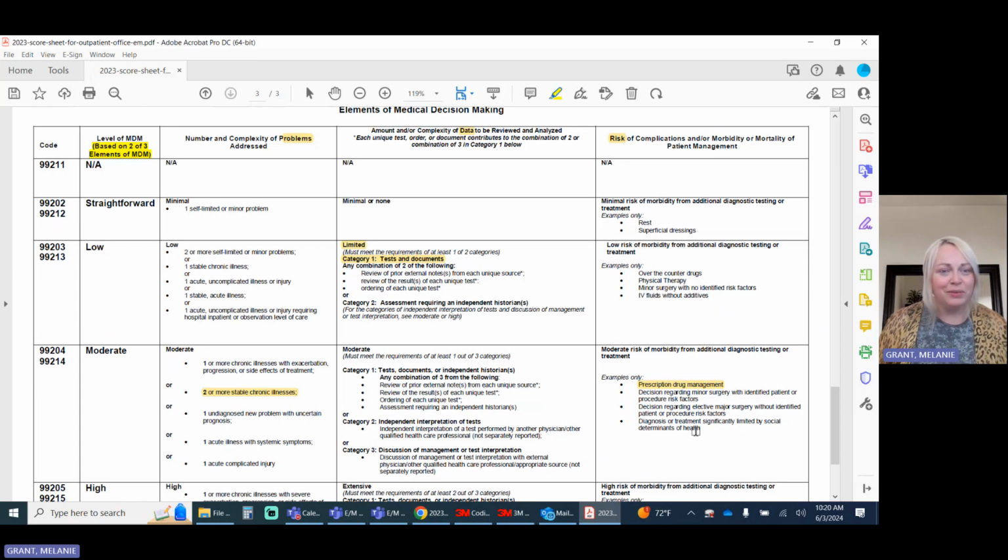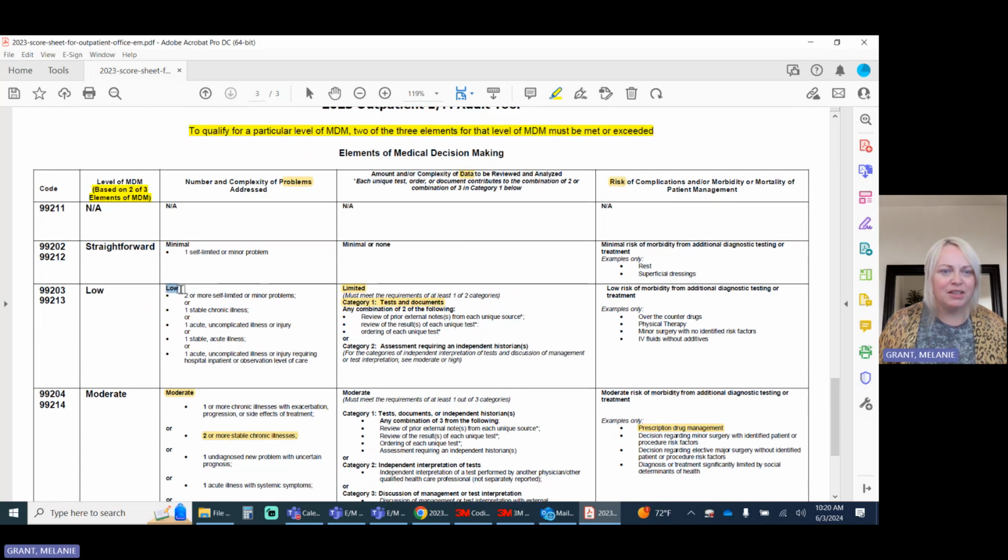Now we can look at the full visit as a whole. Remember, we need 2 out of these 3 elements. So we look at the highest level of problems, which is moderate. You'll notice, just to keep in mind, anytime you have that higher level, all of your lower levels are included.